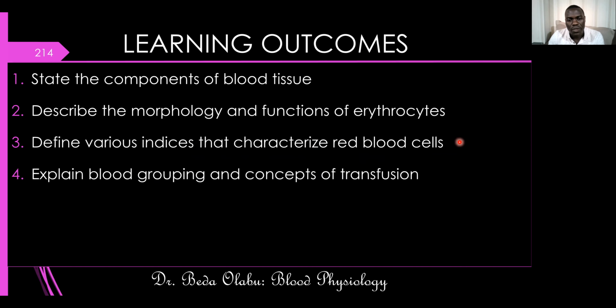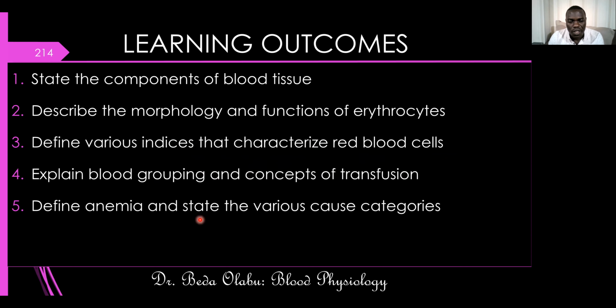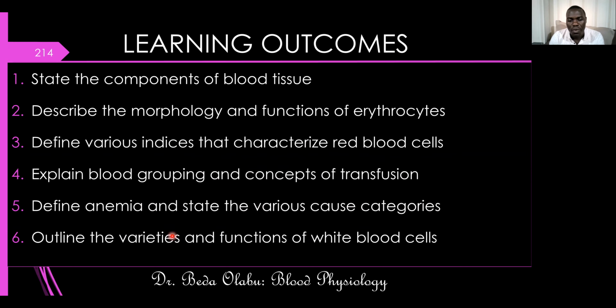We will talk about blood group, and we'll clarify a few concepts of blood transfusion. We'll also define anemia and give various categories of causes of anemia. And lastly, we'll talk about white blood cells.